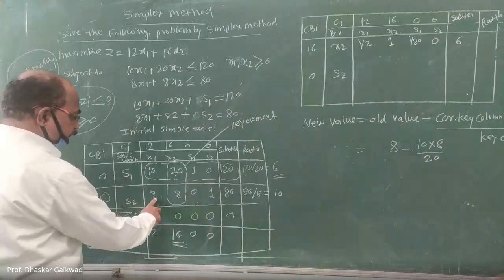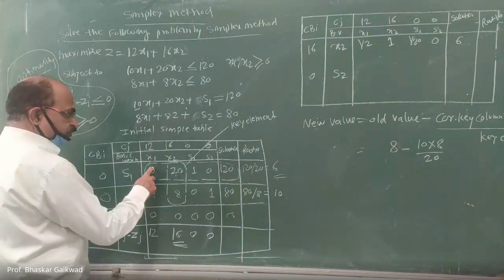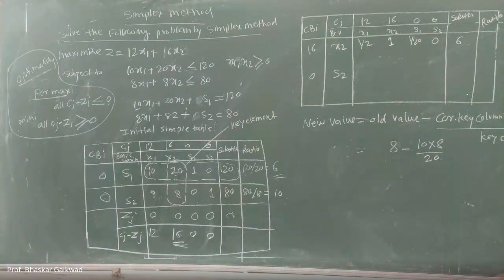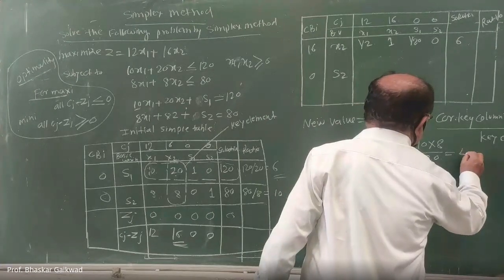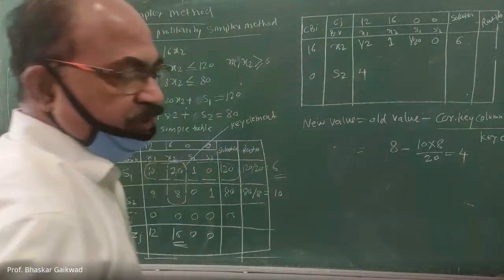So 8 in the column, 8 in the corresponding row, divided by 20. What is the answer here? 4.